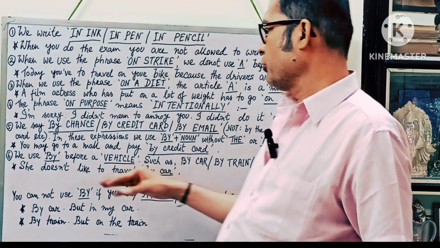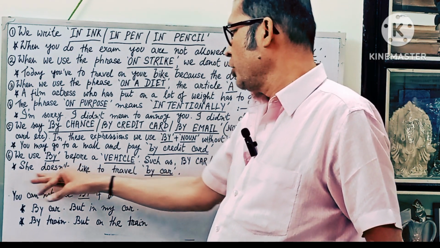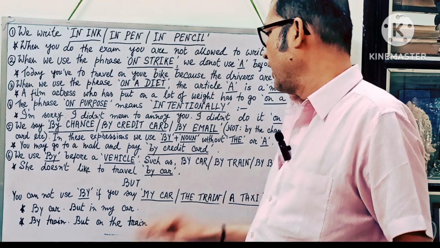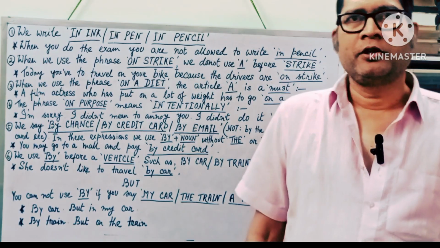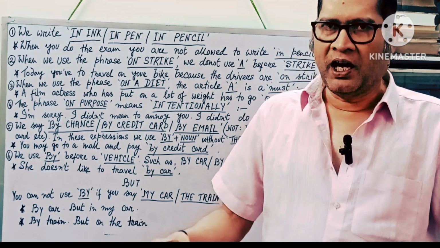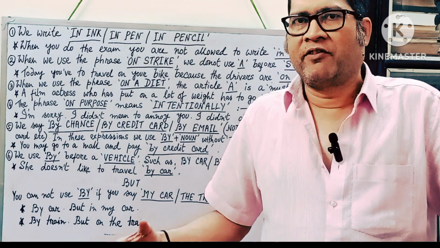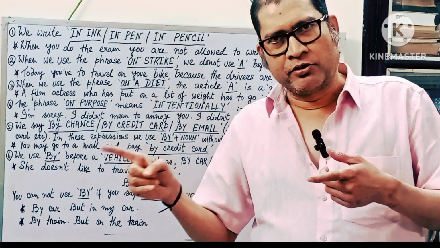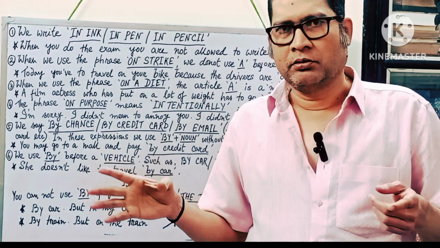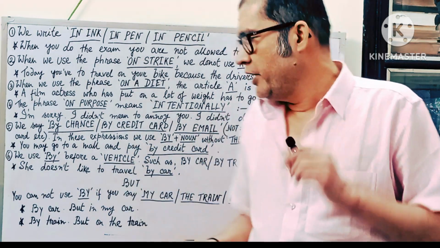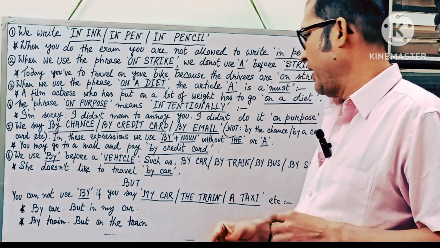Let's see a few example sentences. She does not like to travel by car. Will you travel by car? I don't like to travel by car. I would like to travel by train. By train. Train is a vehicle. By train. By car. So it is as simple as anything.